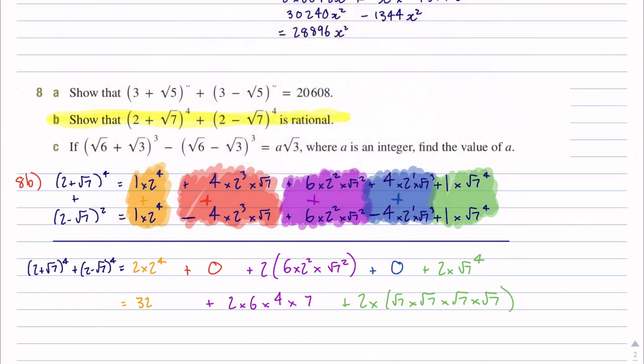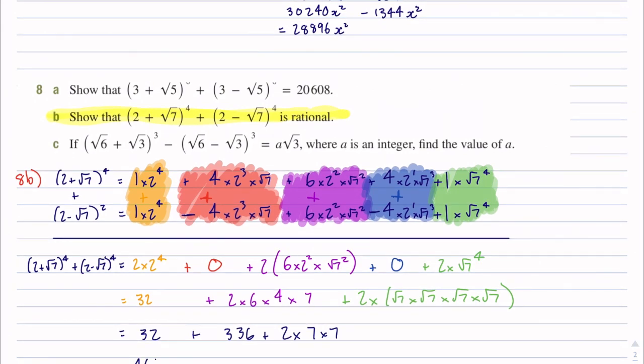So here I've got 32 plus 2 times 4 times 6 times 7, which is 336, plus 2 times 49. So I've got 32 plus 336 plus 98, which is 466. Therefore, it's rational.